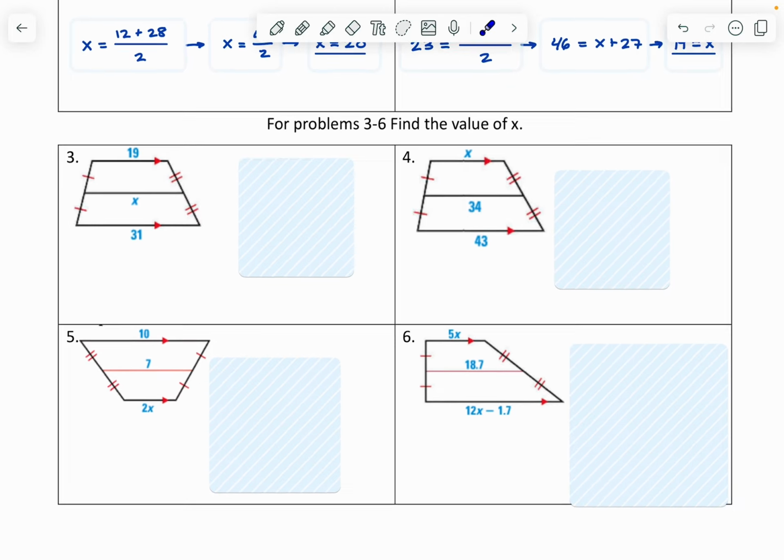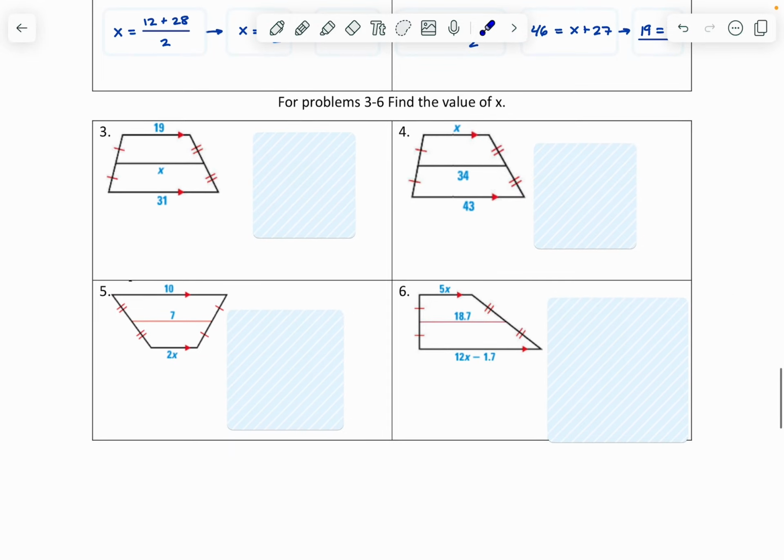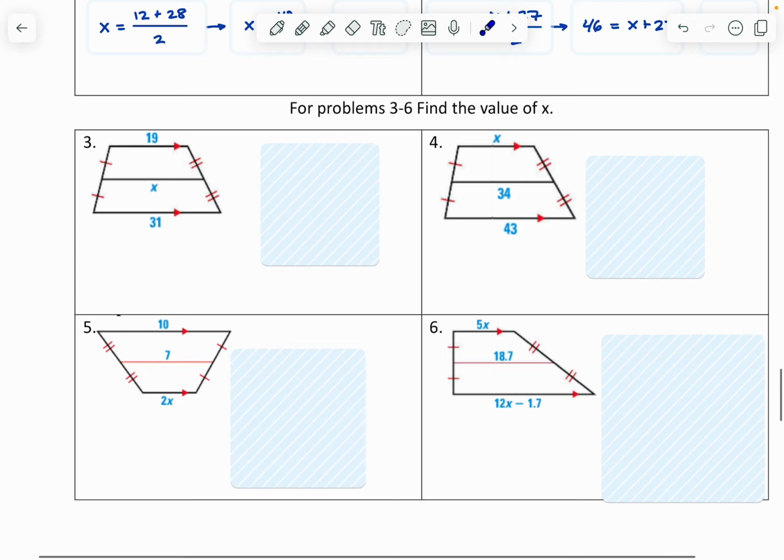All right, problems 3 through 6. We just want to find the value of x using our mid-segment. Right now, I want you to give problems 3 and 4 a try. Pause this video right now and go ahead.